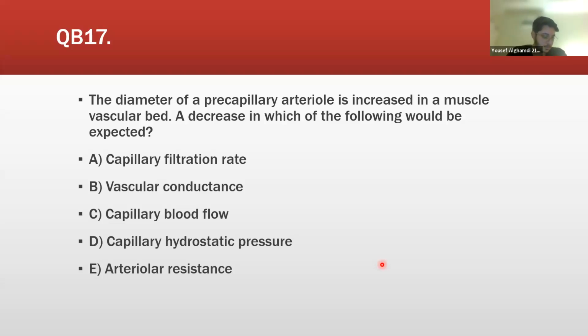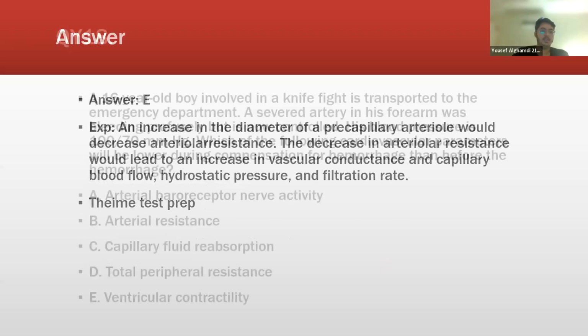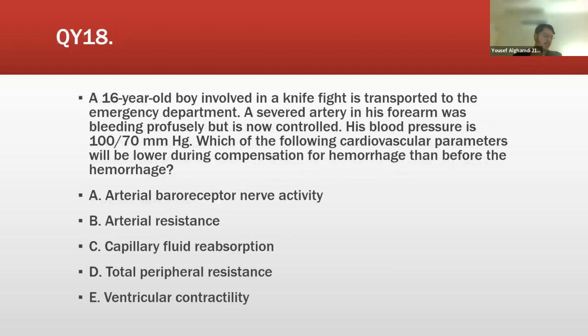Straightforward. You got this. Vasodilation. Yes, it is E. Because صحيح. vasodilation, you decrease resistance. Yes, you guys are right, inshallah. Okay. Is there anything not clear about the last question?